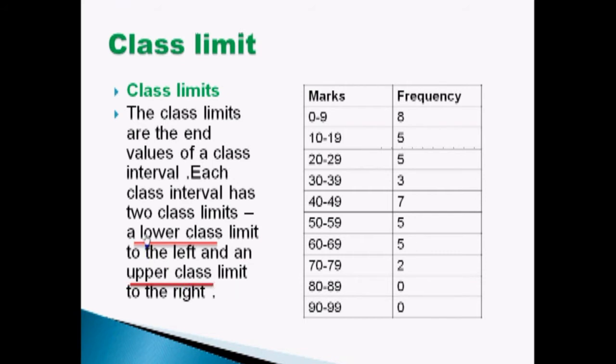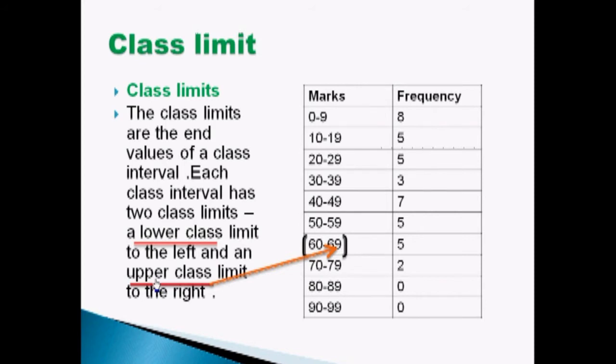So remember now that a class interval has 2 class limits, a lower class limit and an upper class limit. For example, 60 would be our what? Lower class limit. And 69 would be our upper class limit.